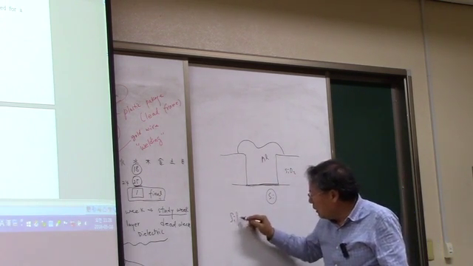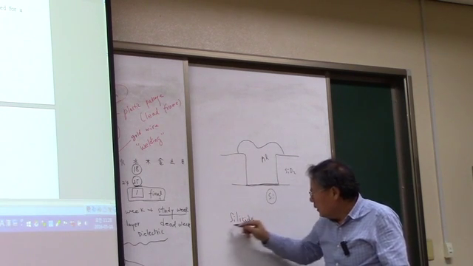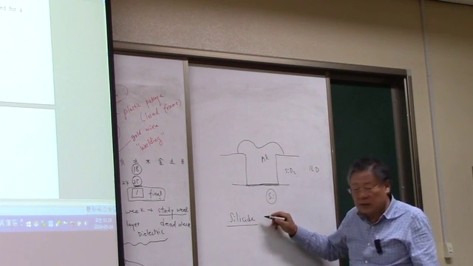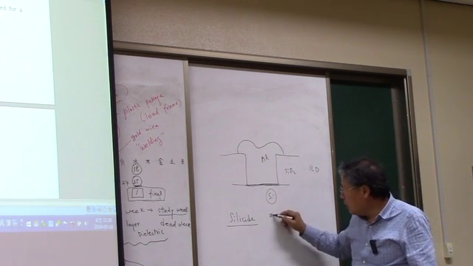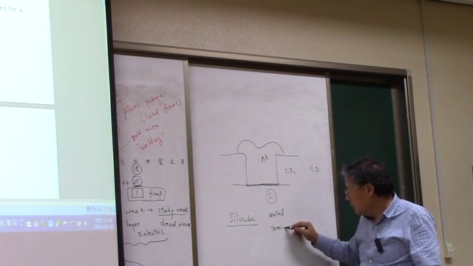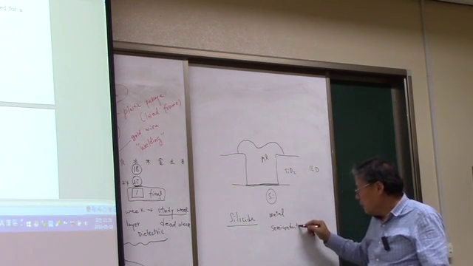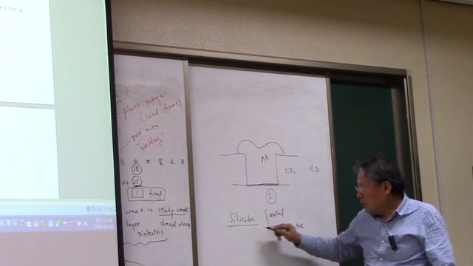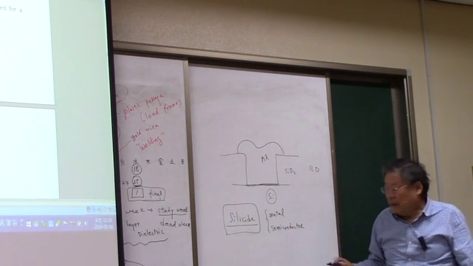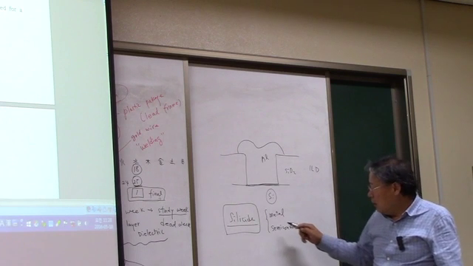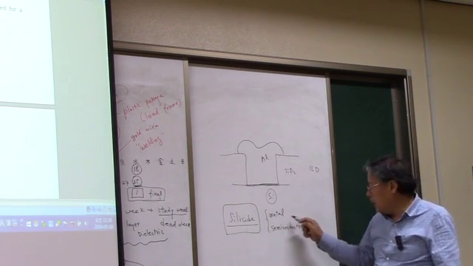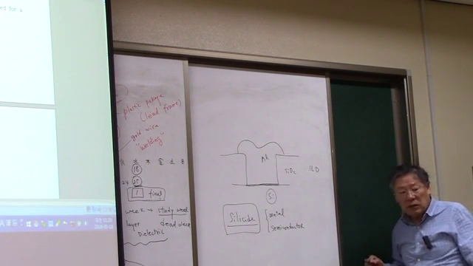So the silicide is nothing but the materials in between the metal and the semiconductors. So the silicide has a properties in any sense, some of the metal characteristic and some of the semiconductor characteristics.